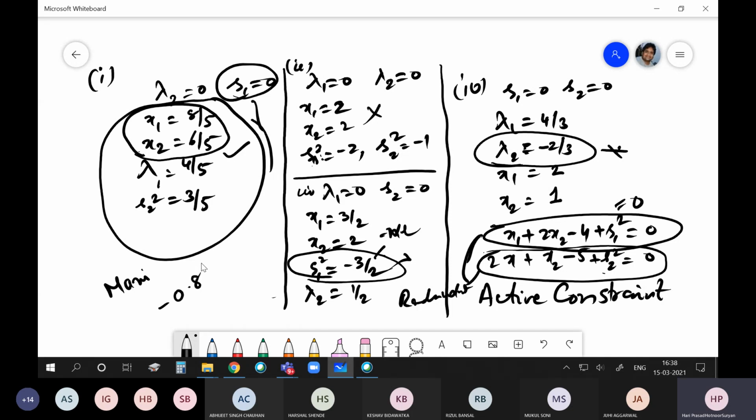Okay, this is how we can solve a constrained minimization problem, by making these partial derivatives and verifying whether it follows the Kuhn-Tucker conditions or not. If they are not followed, then we cannot say that we will have a minimum or maximum. Okay, this is how we can solve it.